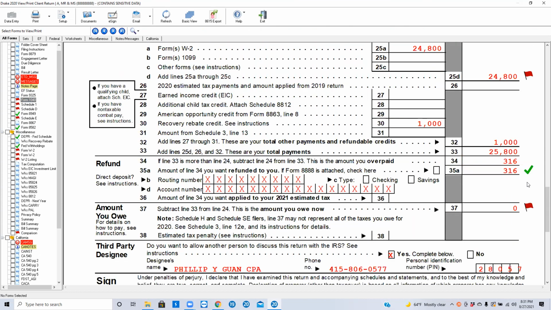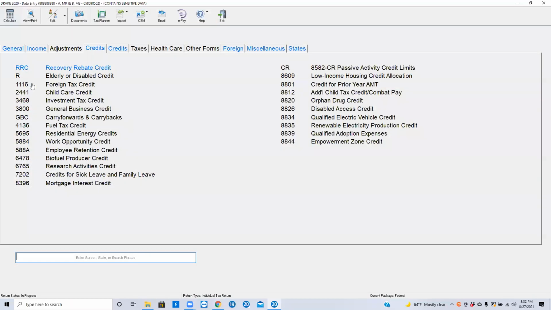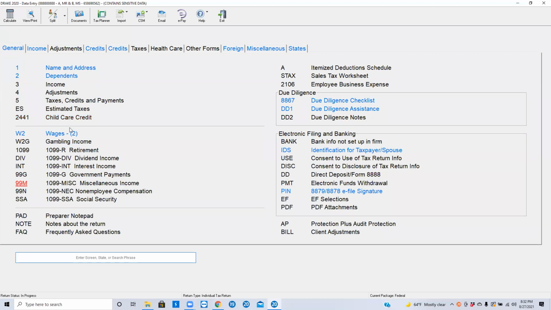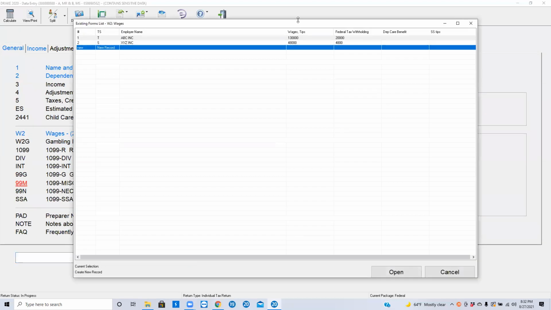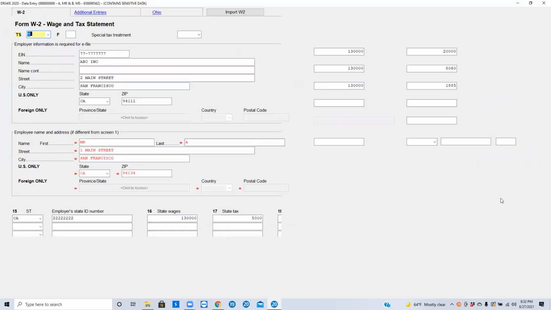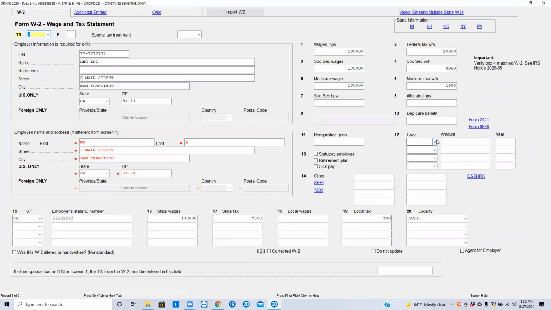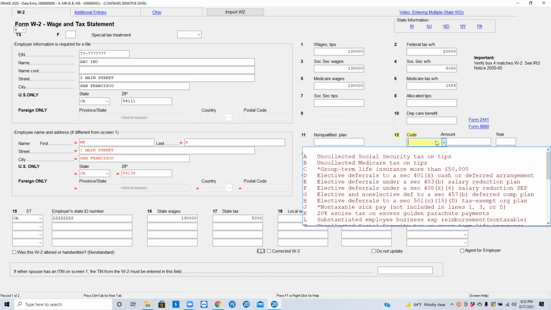Now let's assume this client participates in their boss's 401k, and they decided to put some money in the 401k. The 401k is in here, and you see, D like David.